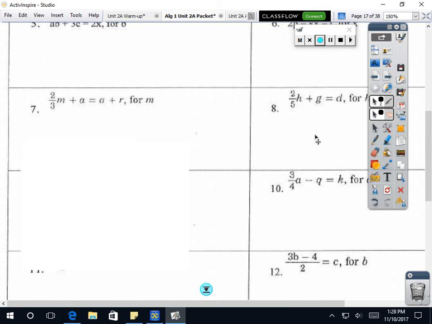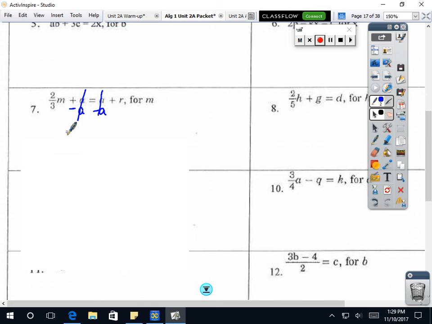Okay, 2/3 m plus a equals a plus r, and they want you to solve it for m. What should we do first? Right? Because we're trying to get that a away from the m, so we subtracted to cancel it. Then when you subtract it from this side, there's actually something to subtract it from. So what happens?